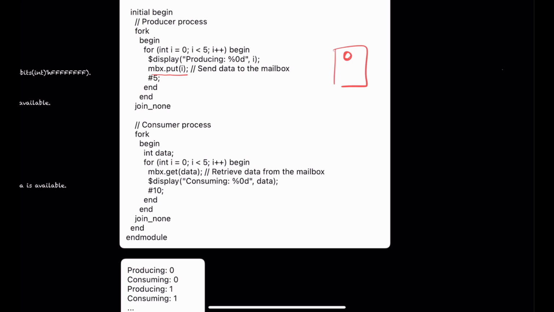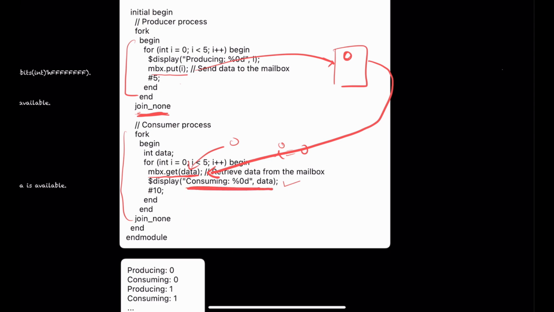Both processes are running in parallel. As it is fork join_none, it won't wait for this process to complete. In parallel it will run, and until the mailbox gets the data 0, it will block. So in the mailbox, first the put method will put the data 0, and then get will retrieve the data from the mailbox and display it here.